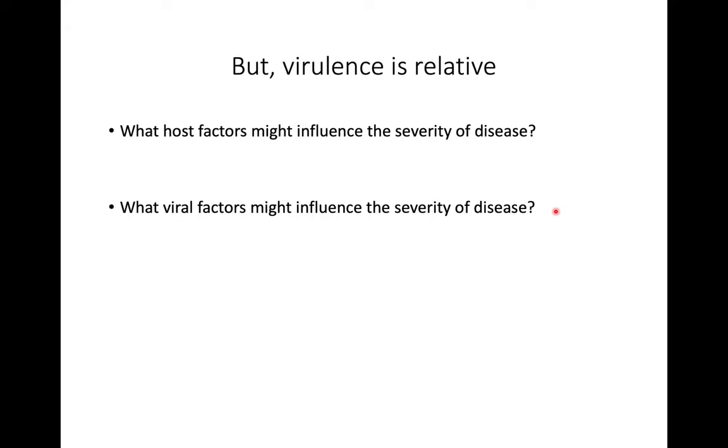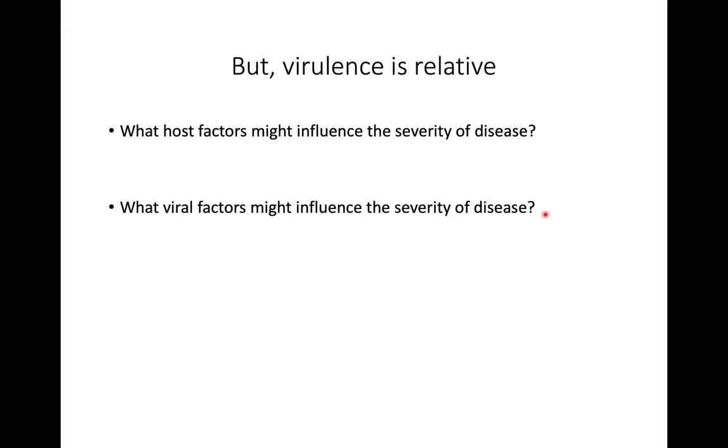So for this first one, it can include things like we've already talked about, like age, immune status, any underlying health conditions, but it could be things at the very cellular level, like do they have a particular mutation that makes the virus not replicate as well or increases viral replication.